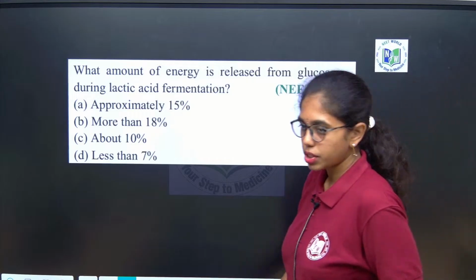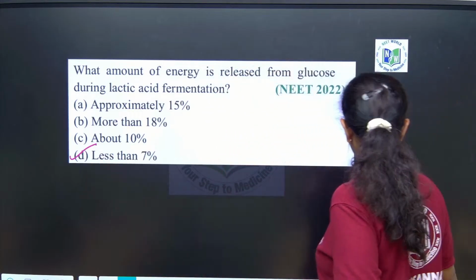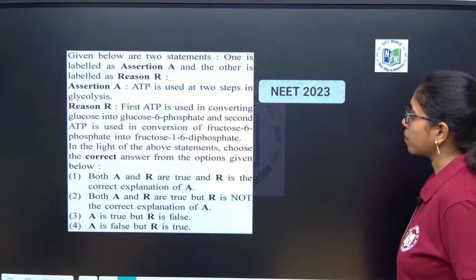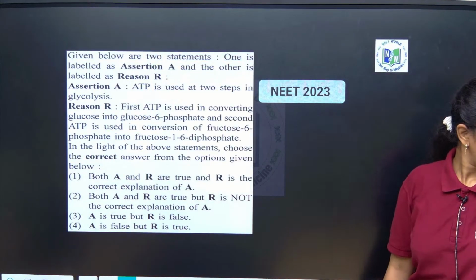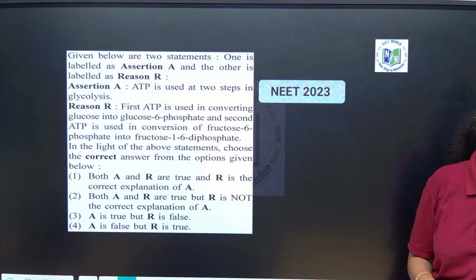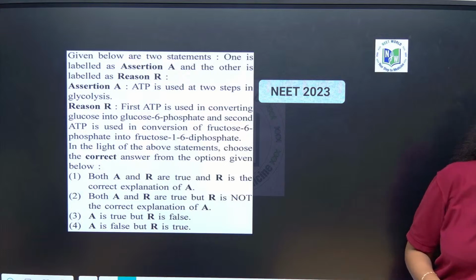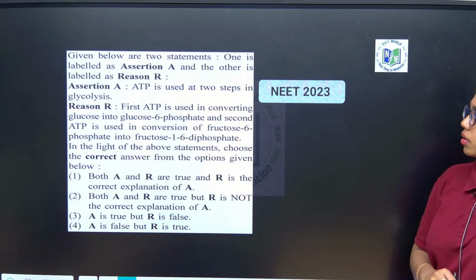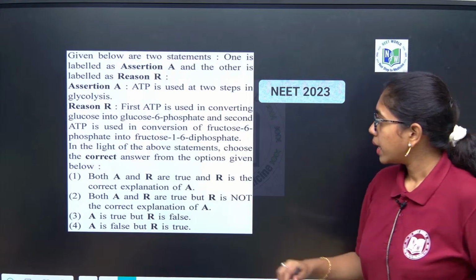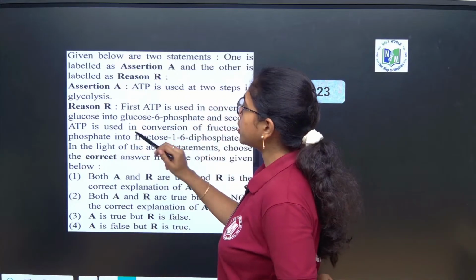Less than 7% of energy. Good. Next, this is from 2022. ATP is used at 2 steps in glycolysis.